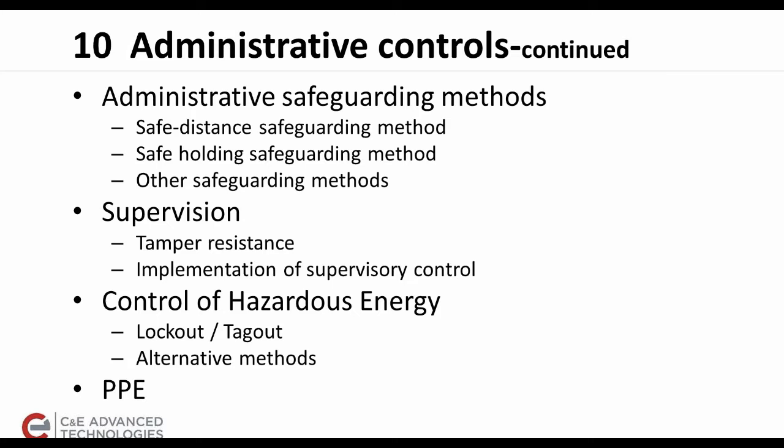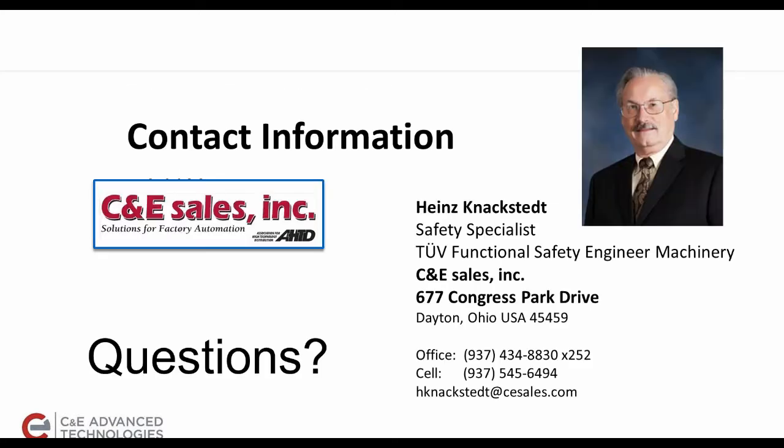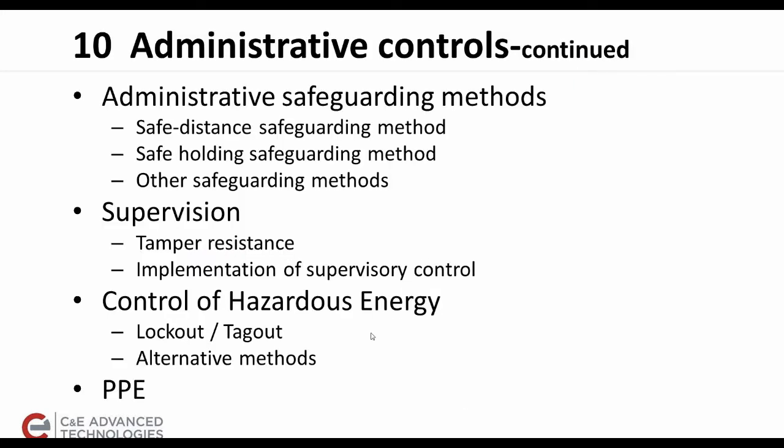Some of the administrative safeguarding methods are to require a work method which identifies specifically how and in what locations the work must be accomplished, where the operator must hold the part, where he must stand, and so on, so that while the risk is lowered, it is not completely eliminated if he does not adhere to the methodology that's been laid out. So this is very training sensitive and has to be correctly taught and monitored.